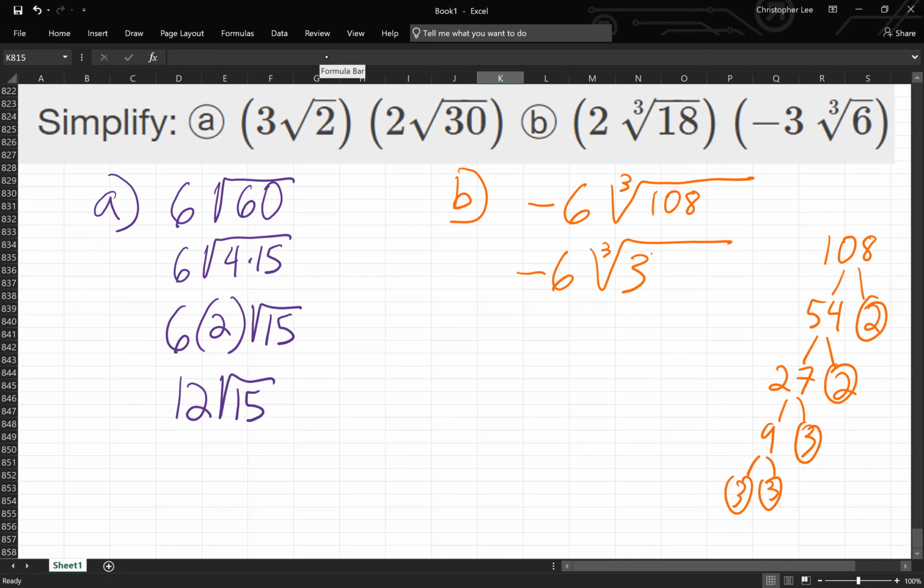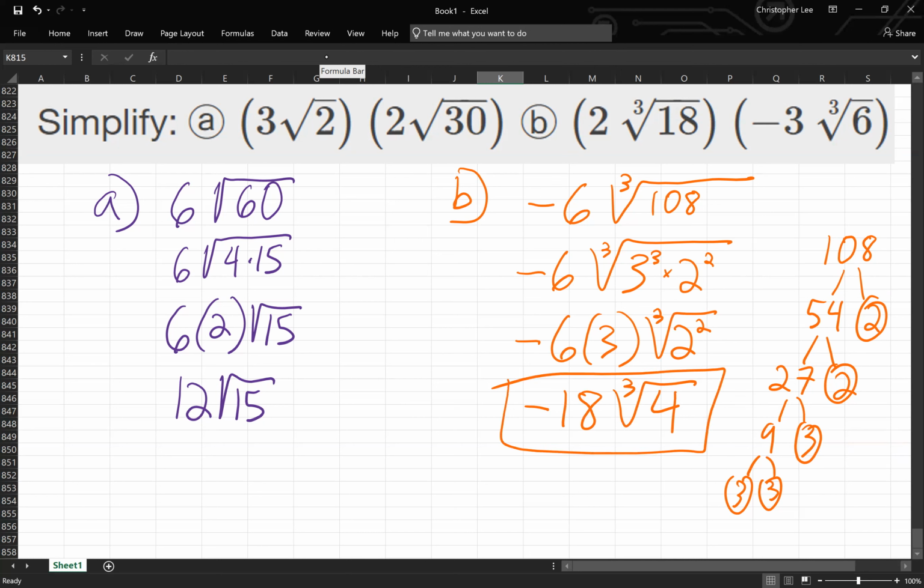So this is 3 to the third times 2 to the second, and the 3 to the third and the cube root cancel out, leaving back -6 times 3. And we have the cube root of 2 to the second. So this is -18 cube root of 4. And that's my answer. Yeah, 2 times -3.